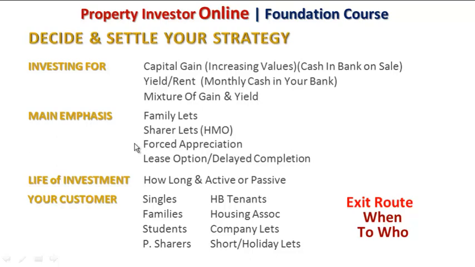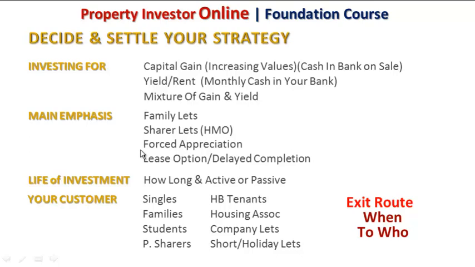This is gone into in great detail later in this foundation course. The advantage of forced appreciation is that having fixed the property up and increased its value, you're then often able to remortgage the property and get all your money out, leaving you with no money left in the deal and able to go off and buy the next property.